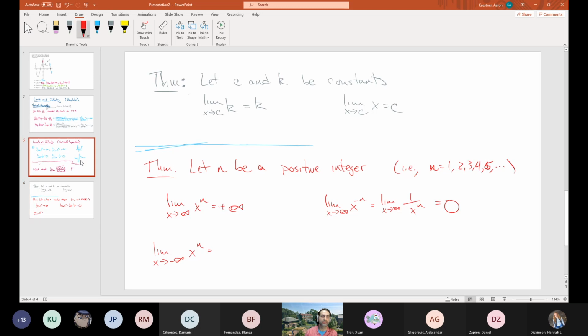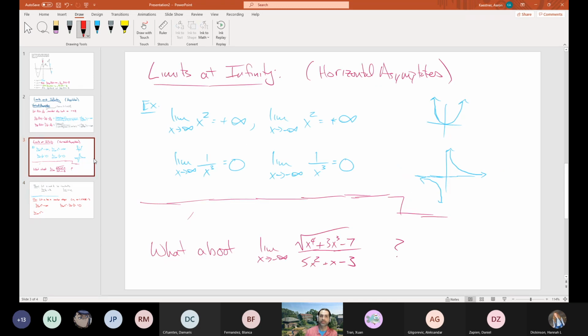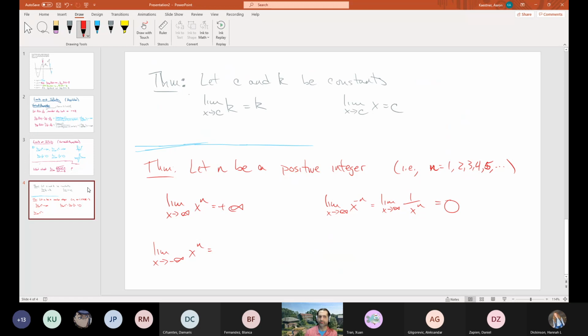If I square a big negative number, just like we did in the x squared case with this graph, I get a big positive number back. But if my n value is 1 and I plug in big negative numbers, my theorem up there says I should get back another big negative number.